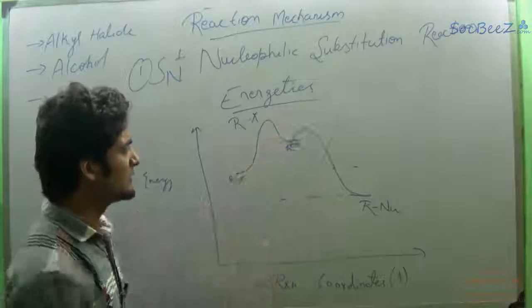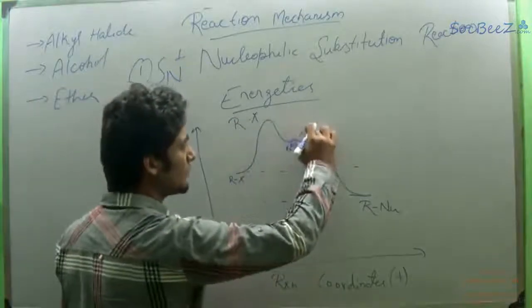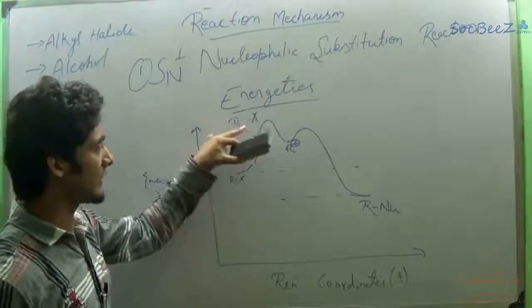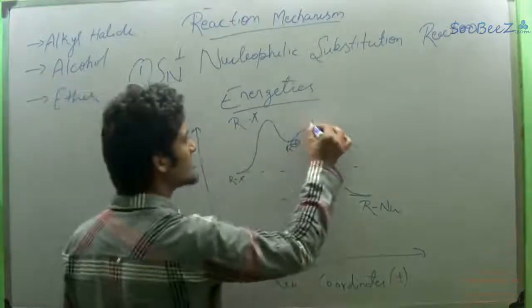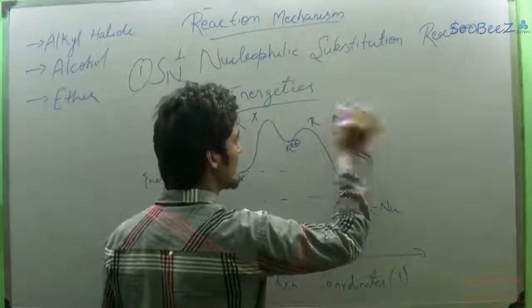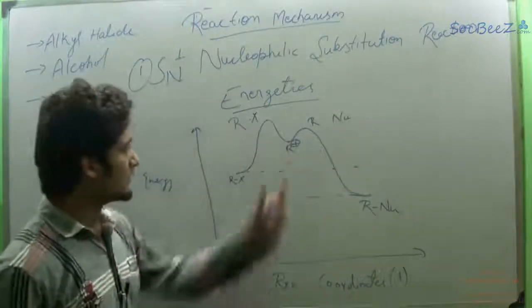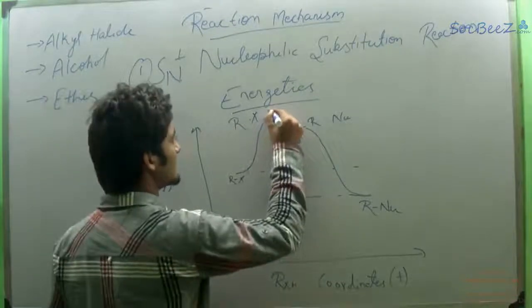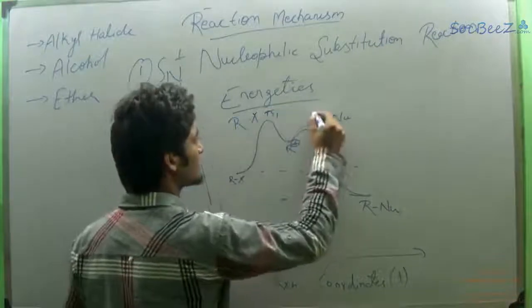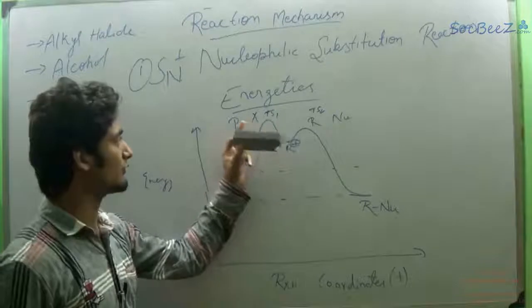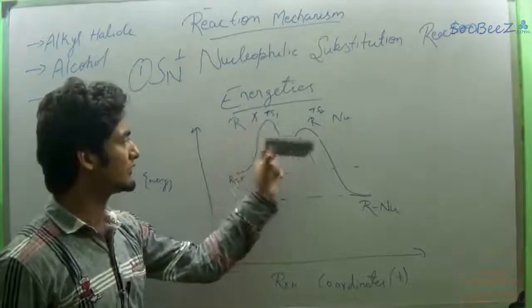And this second, relatively lower barrier, which will definitely be crossed if the greater barrier is crossed, is the formation of a new bond between R and the nucleophile. So these are the two transition states. This is transition state 1, this is transition state 2, because this is a two-step process.